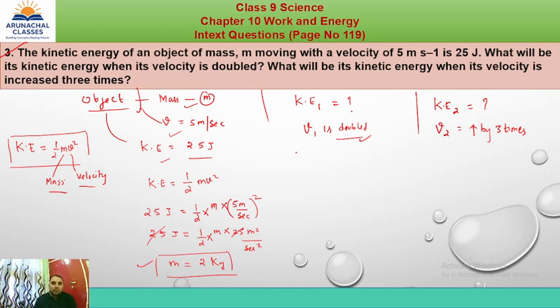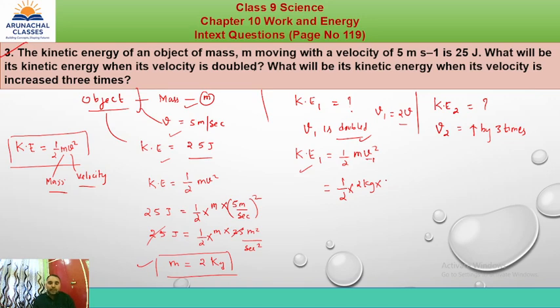Now for the second part of the question, kinetic energy is given as half mv square. Now here we need to find this kinetic energy when the velocity is doubled. So half, here the mass we have just found as 2 kg. Now the velocity is getting doubled. This v1 will become 2 times of v.